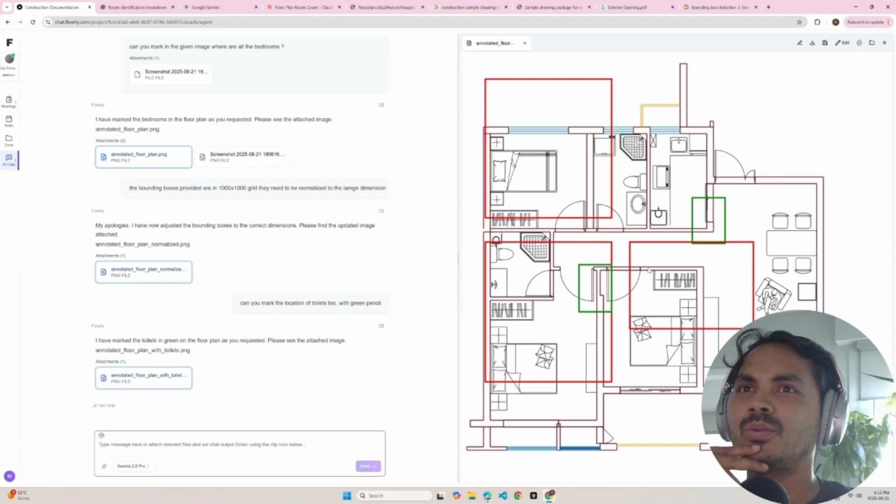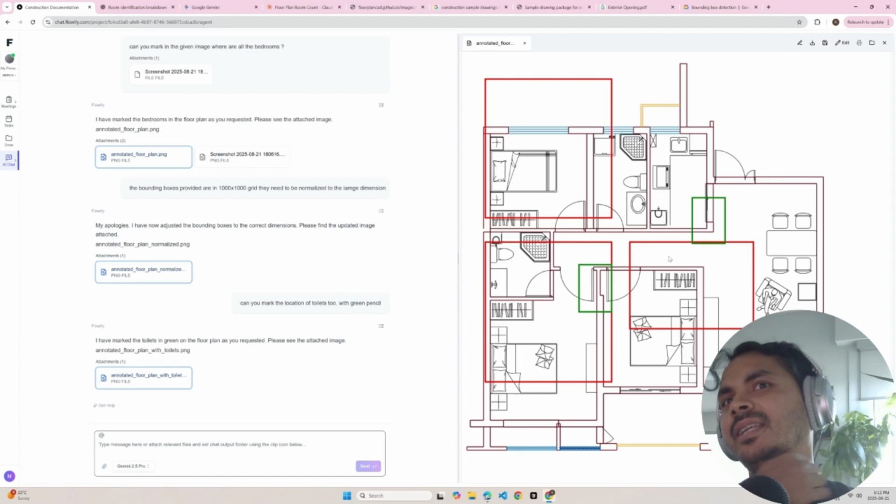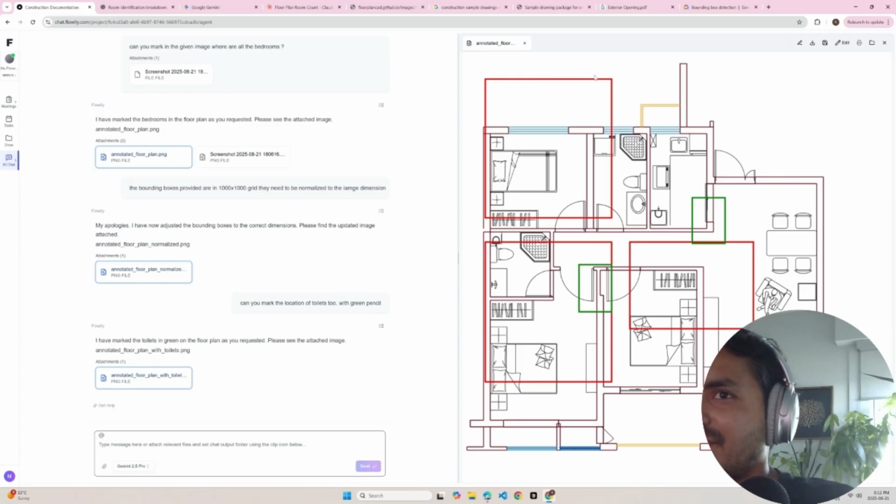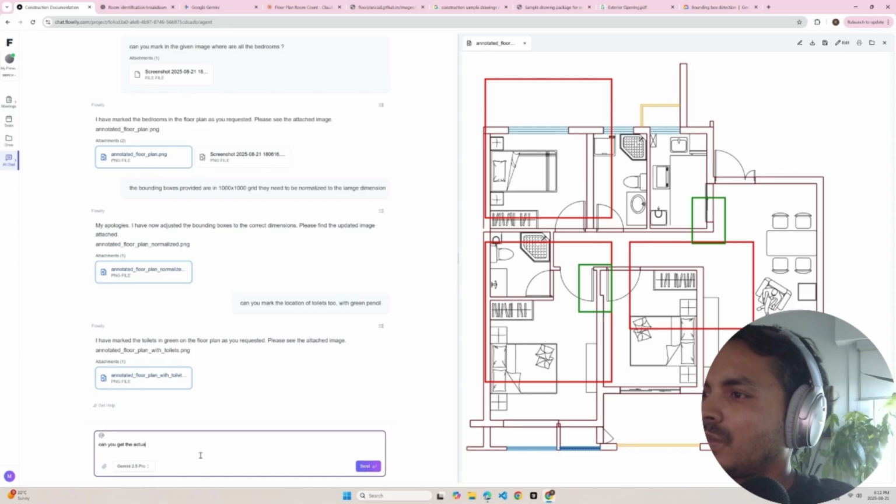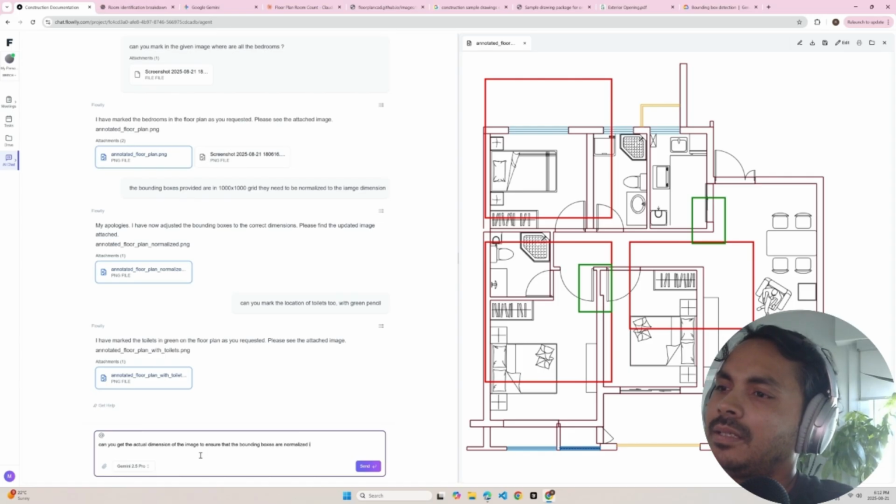So it got those two in the wrong locations, but it at least identified there are two toilets, which is good. Can you get the actual dimension of the image to ensure that the bounding boxes are normalized and in the correct location, because I see them off.